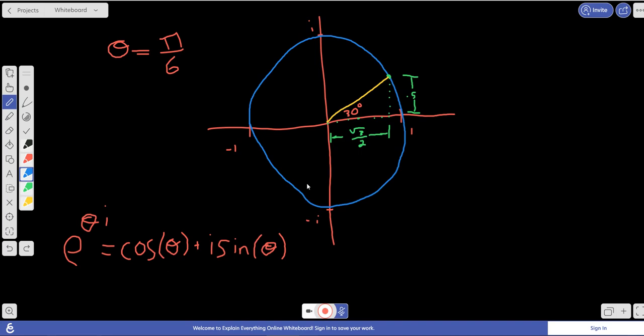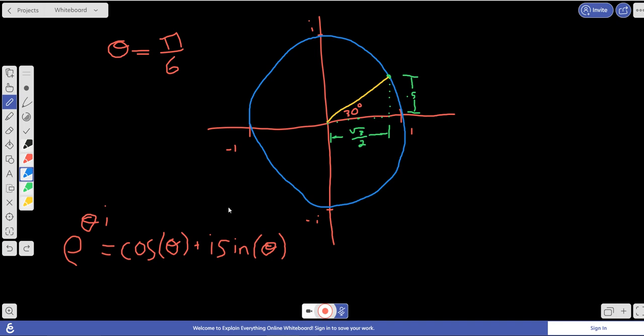So hopefully at this point you understand why the value that we choose for theta determines how far we rotate around this unit circle when we're doing e to the theta i. It's important to have that understanding. And if you do understand that, this equation, e to the theta i equals cosine theta plus i sine theta, which hopefully you've seen before, hopefully now makes sense.